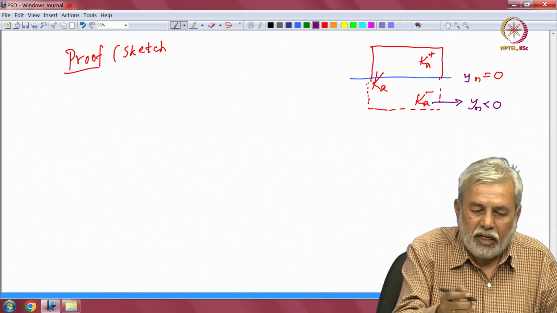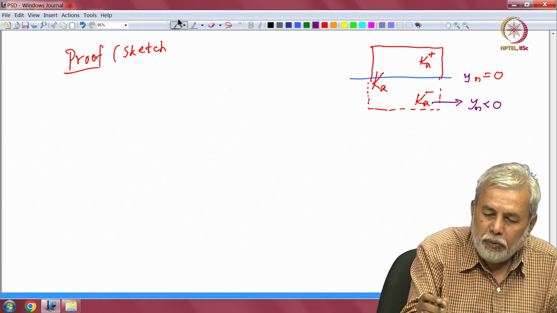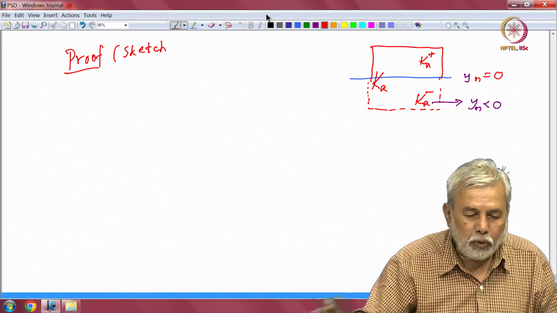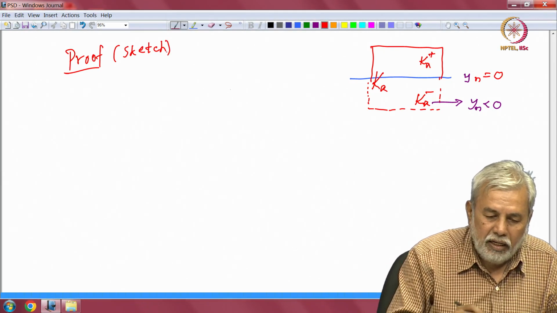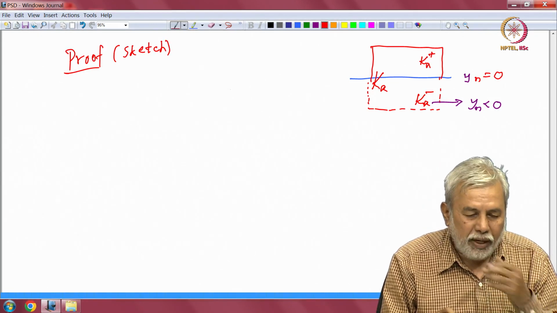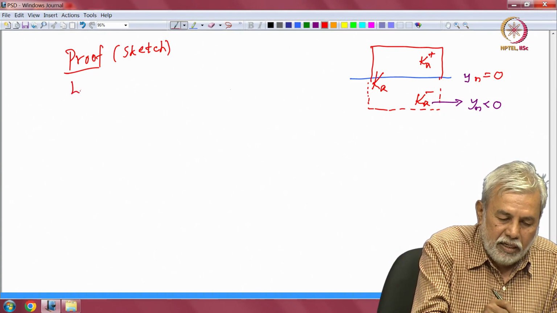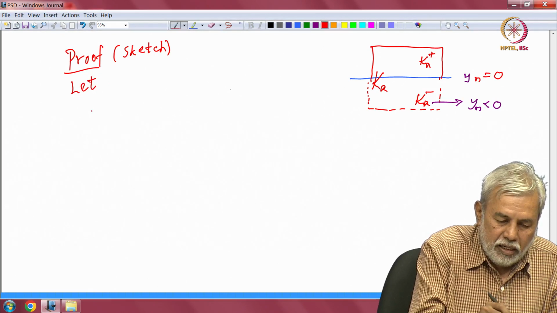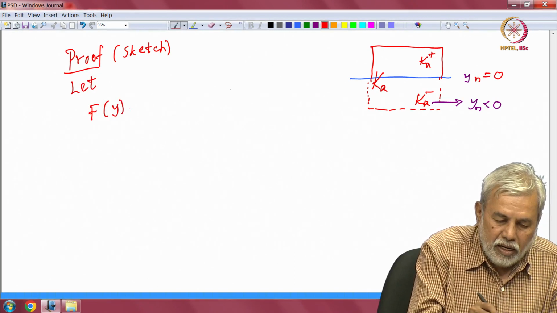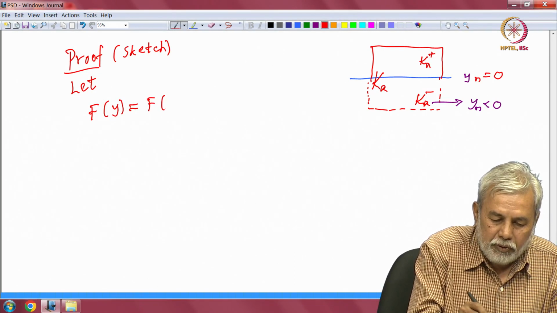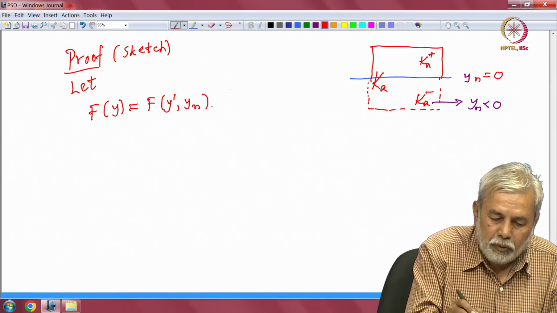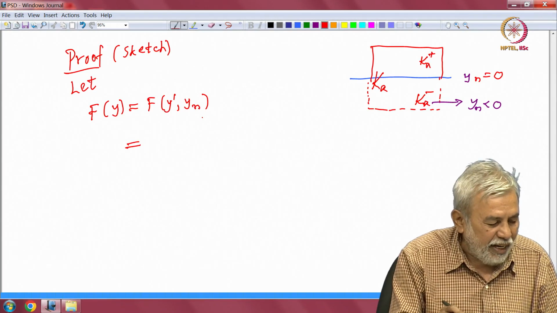So, if you just want continuity, then reflection will do. But here we want the function also to be C^m. That requires a little more work. So, let F of y equal to F of y prime, y_n. We are using this notation, and it is sufficient to define this for y_n negative.